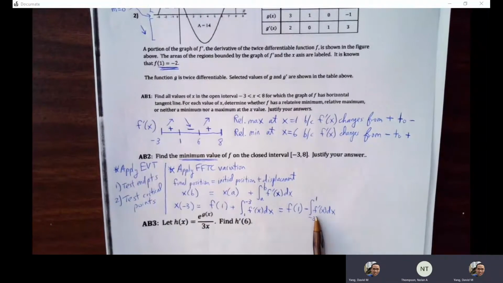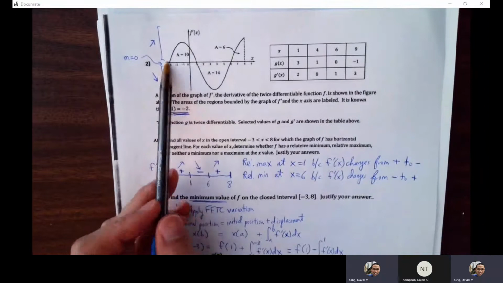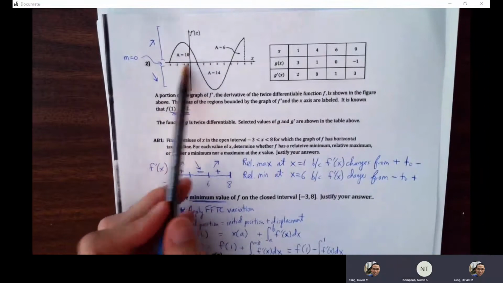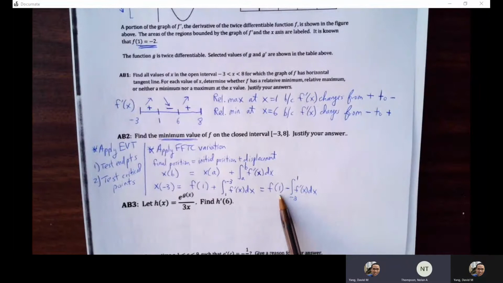Okay, so f of 1, from -3 to 1. So -3 to 1, that is going to be 10. So that's the area right there.